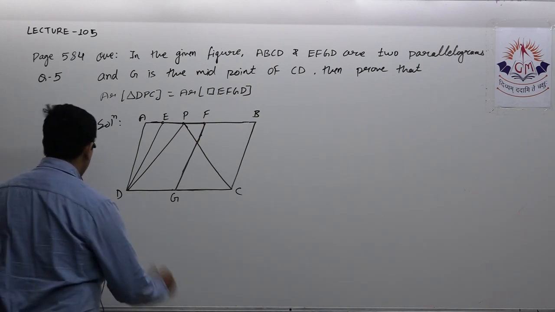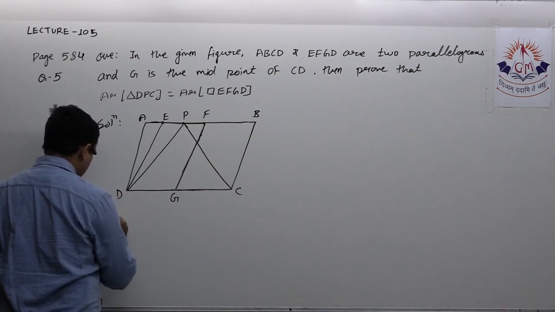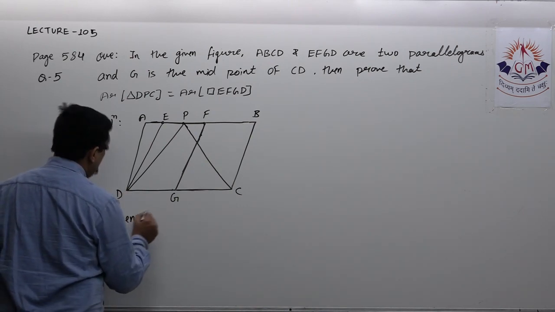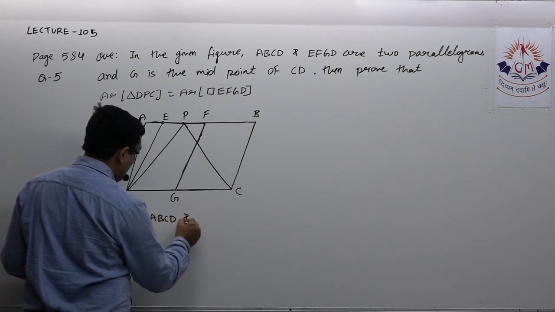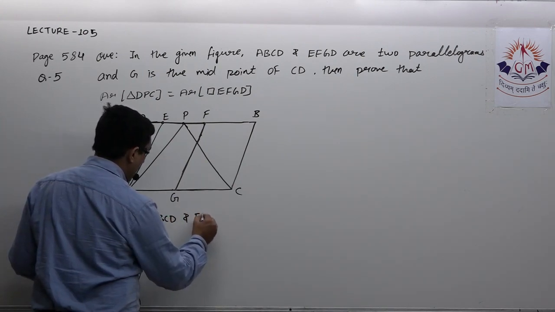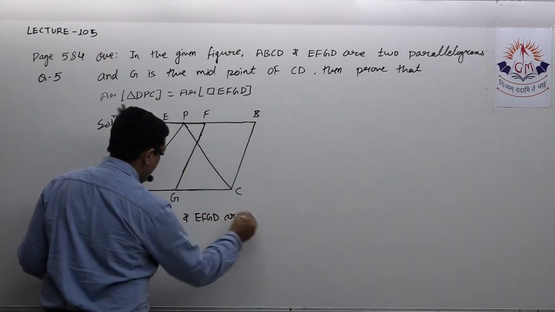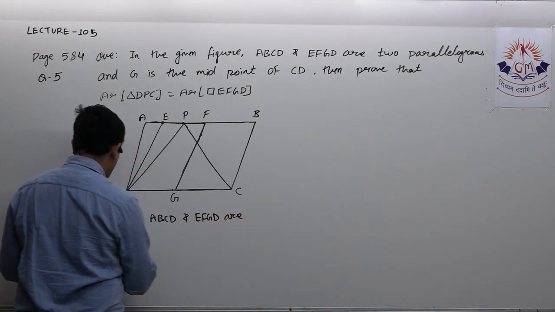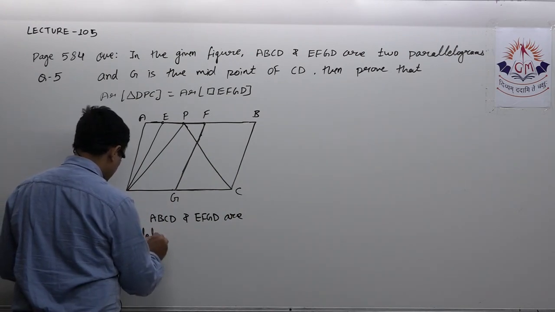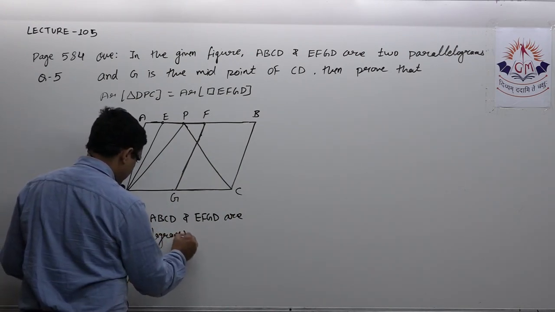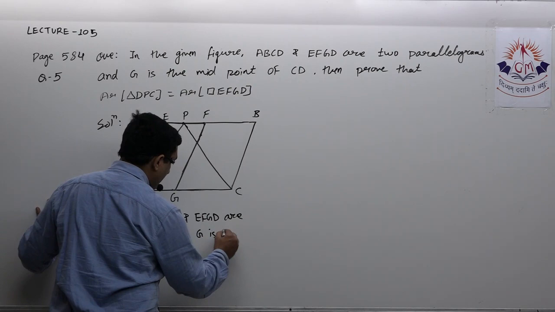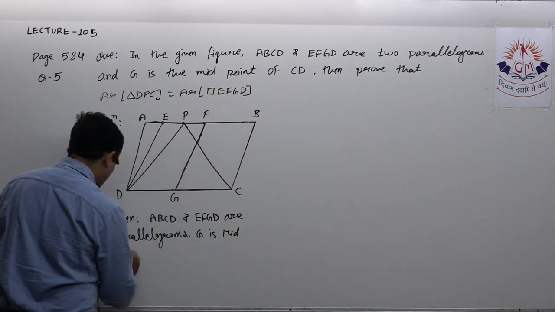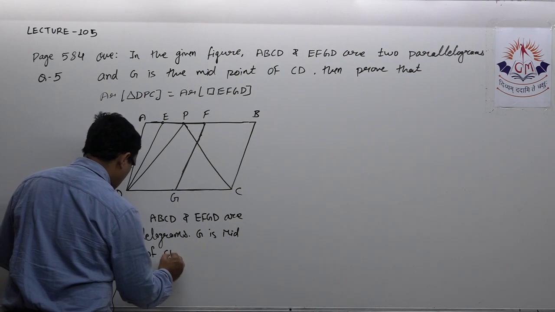Okay, there are so many ways to prove this. Let us see one of the solutions. So we are given ABCD and EFGD are parallelograms. G is midpoint of CD.